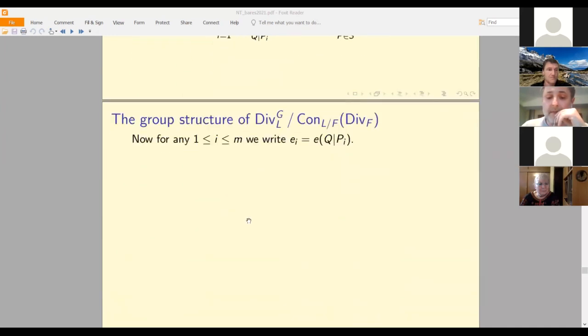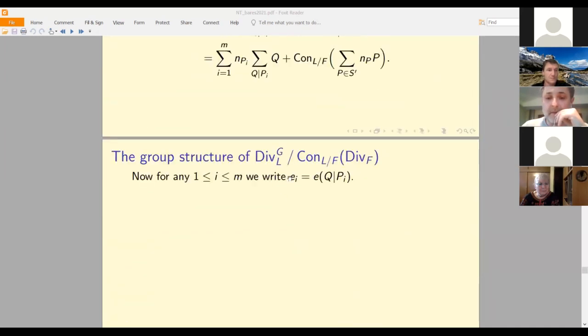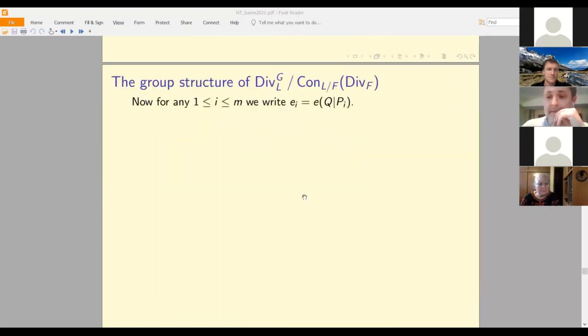It's easy to see that, because it's a Galois extension, all the ramification indices for a fixed p_i are the same for every q above p_i, and you call that e_i.